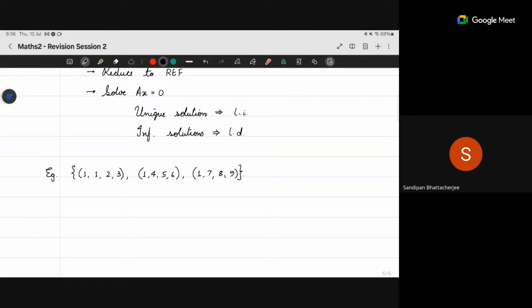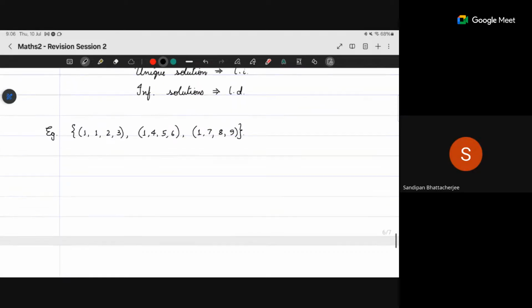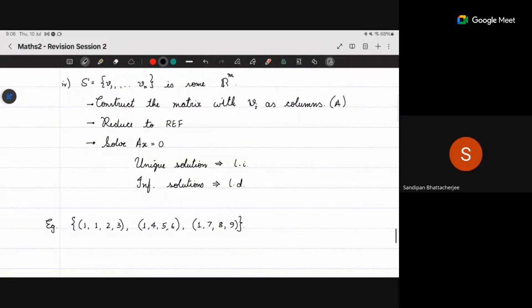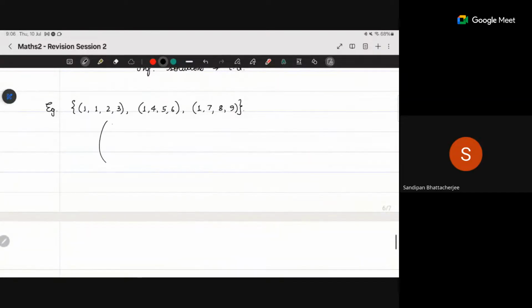Yeah, here you can see it, but let me go through the procedure of how to do it. What does the first step say? Construct the matrix with the vi as columns. So you do that: 1, 1, 2, 3 is the first vector as the first column, then the second vector, then the third vector.